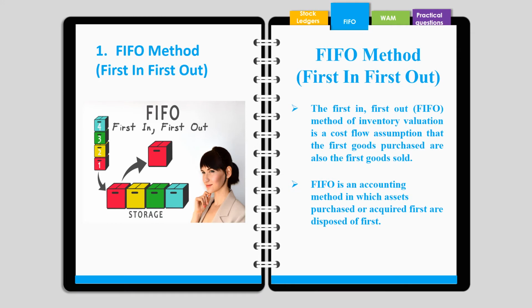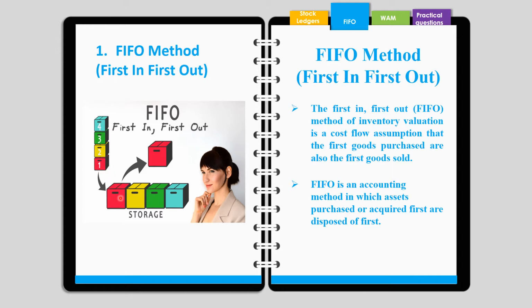Now let us understand what is the FIFO method in inventory valuation. As you see in this figure, the stock which is purchased earlier is going to be consumed first. The stock which is purchased later on will be consumed later on. If you see this picture, you will understand with this graphical information that the pink box was first purchased, that is called as 1.